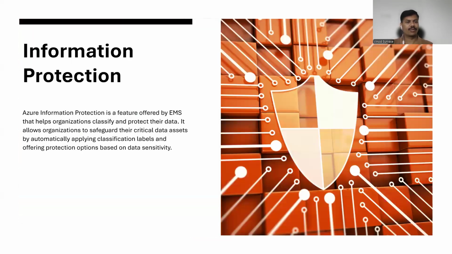The next is information protection, which is a capability and feature of EMS E3 and E5, which is going to help organizations to classify and protect their data, and allows organizations to safeguard critical data assets. It helps us classify the data, apply labels automatically, and offer protection options based on data sensitivity.